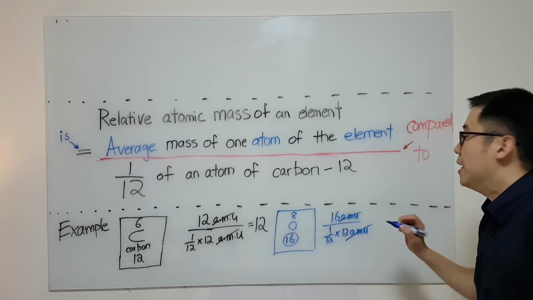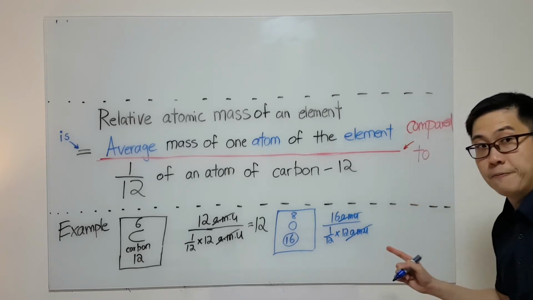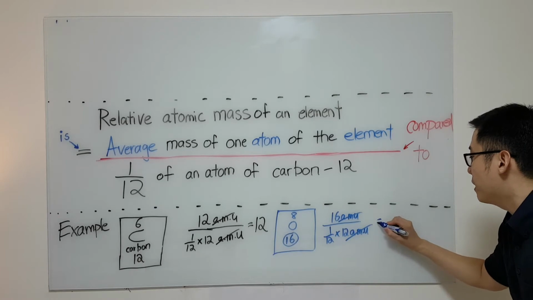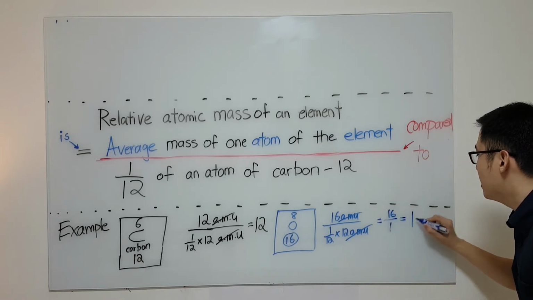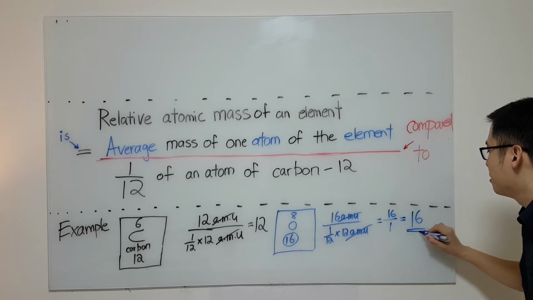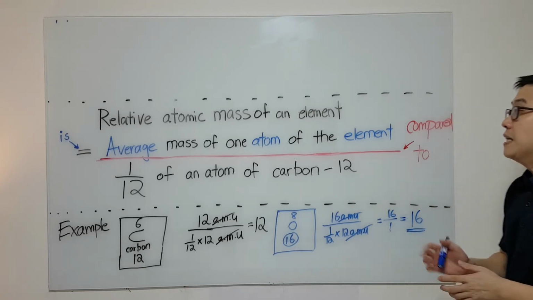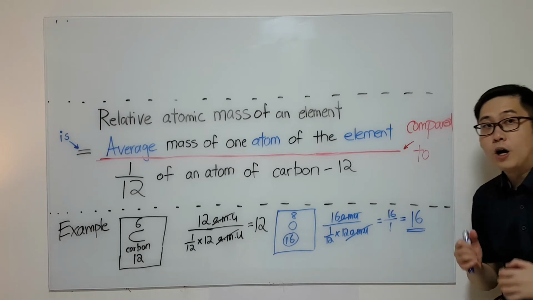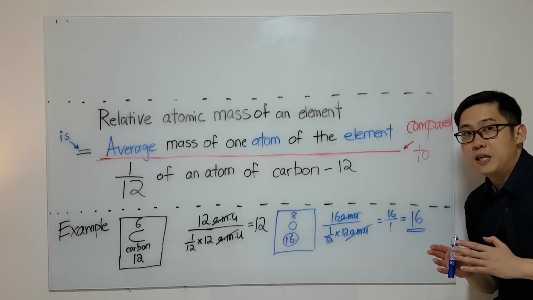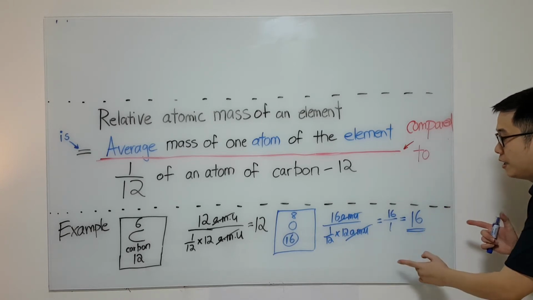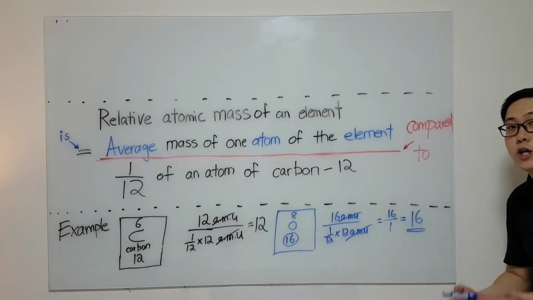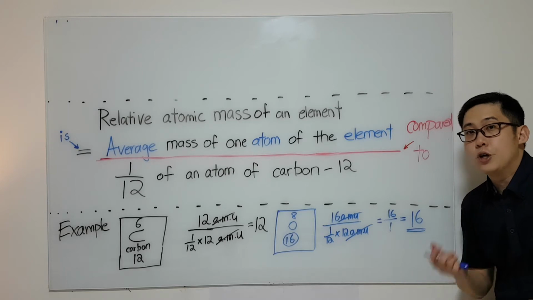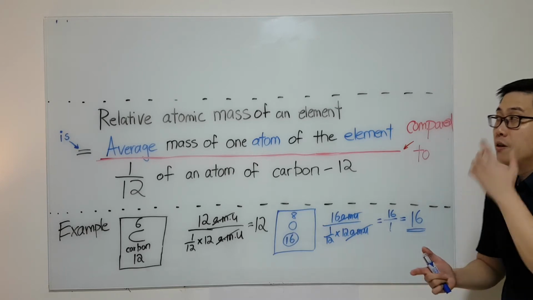That is not very important, it cancels out, and it becomes 16 divided by 1, which is actually 16. So students, this is an example of how you can obtain the relative atomic mass of an element, which usually you can find from your periodic table.